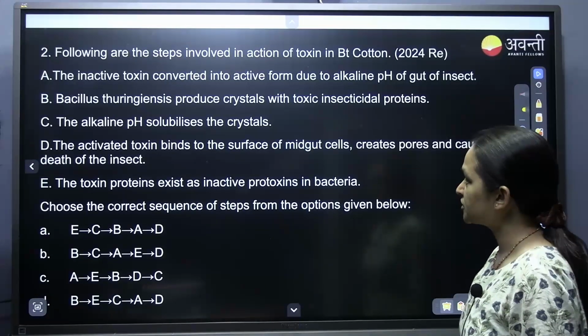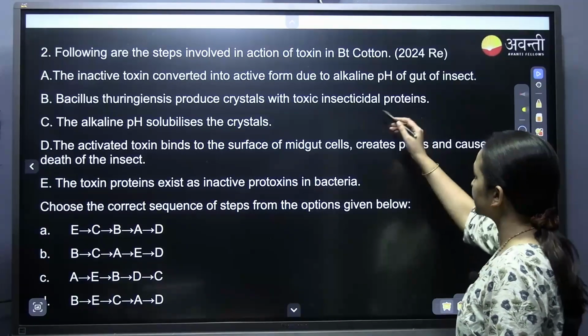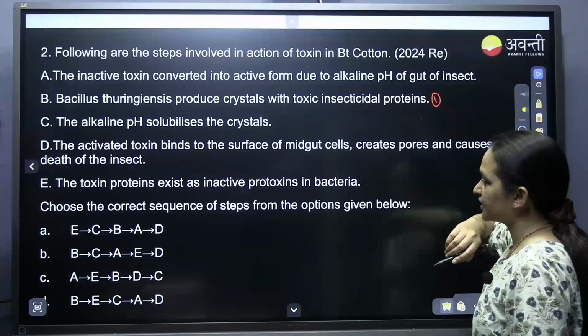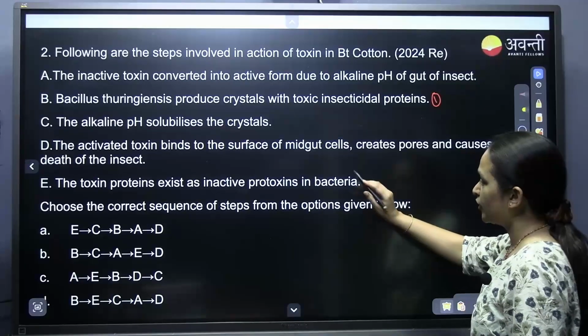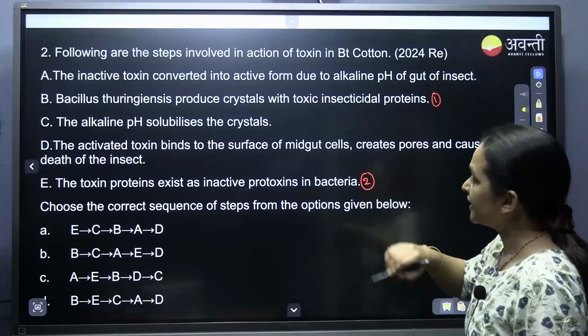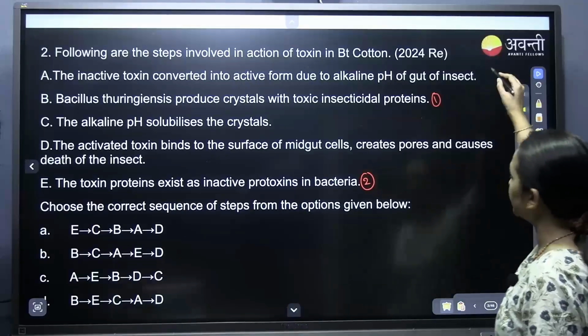The Bacillus thuringiensis produces crystals with toxic insecticidal proteins. The toxin proteins exist as inactive forms, that is protoxin, in bacteria. The inactive toxin is converted into active form due to the alkaline pH of the midgut.